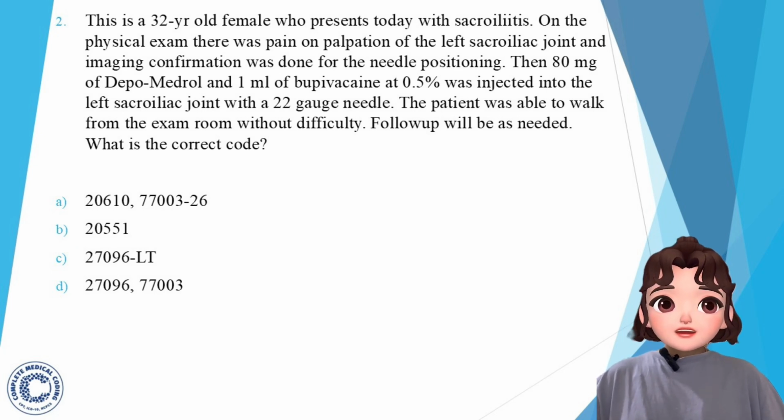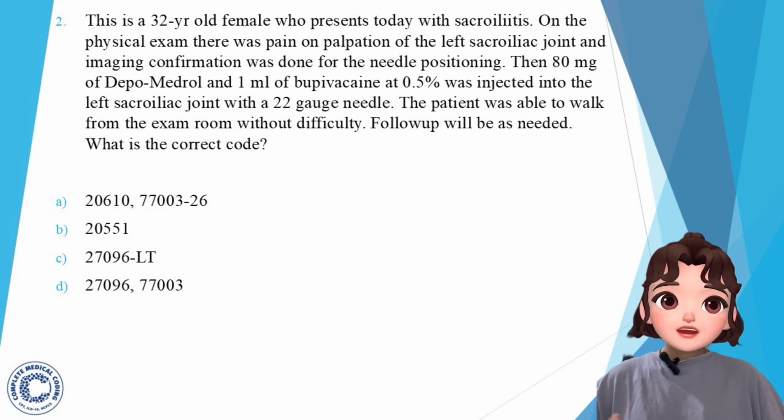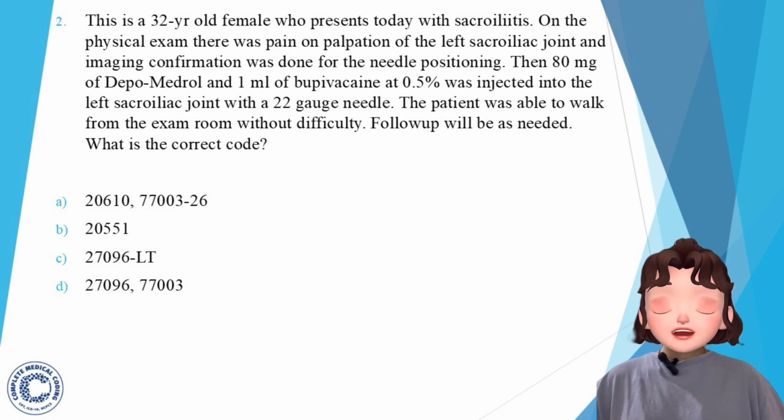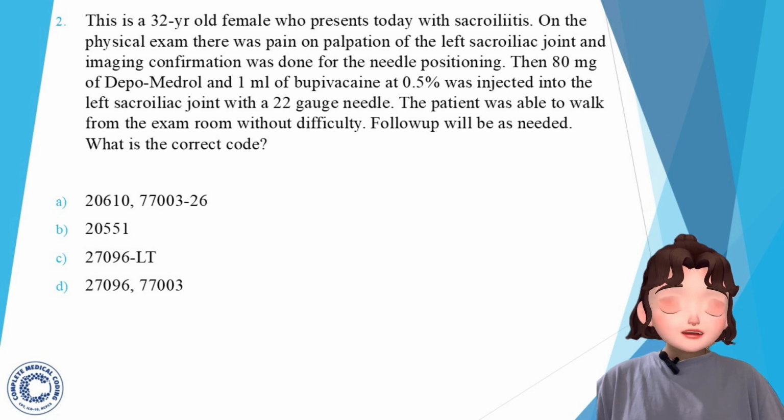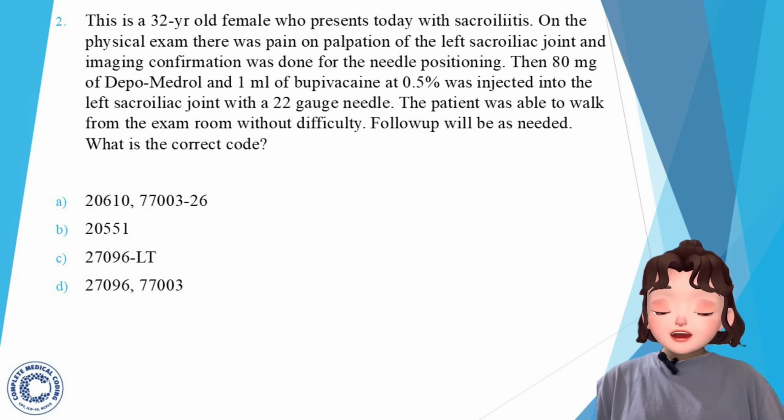In option D, the same CPT code along with imaging guidance is mentioned, which is not required because 27096 already includes the imaging guidance, including arthrography when performed. And if you go down, in brackets, it is written that 27096 is to be used only with CT or fluoroscopic imaging confirmation of intra-articular needle positioning.